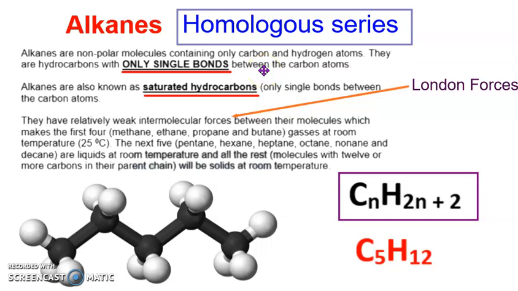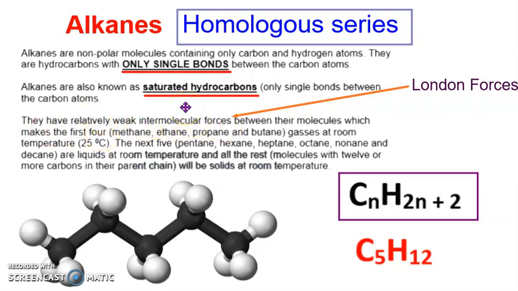Now, alkanes are only hydrocarbons, so their molecules are only made out of hydrogens and carbons. We say that these compounds are saturated hydrocarbons, and saturated means they have single carbon-to-carbon bonds, and they cannot undergo addition reactions, and we'll cover that later on when we do organic chemical reactions.